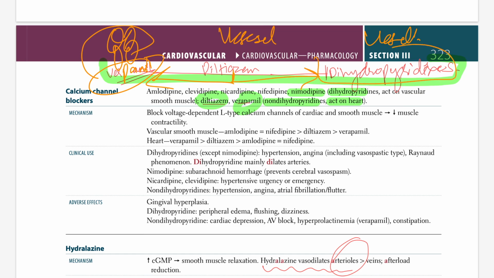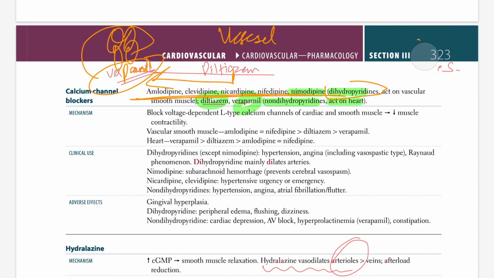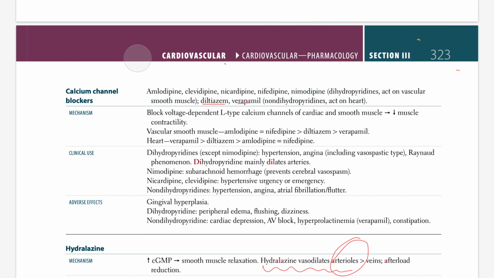And dihydropyridines, which are all the rest of these ones, will all work on the vessels. So if someone talks about verapamil, it is specific to the heart. Diltiazem, both heart and vessels. Dihydropyridines, meaning anything else that you see, is going to be just the vessels.